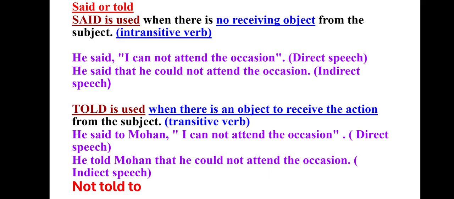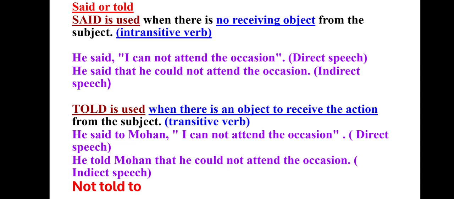And when action does not transfer to the object, that is called intransitive. I'm repeating. When action transfers to an object, it is called a transitive verb. When the main verb's action is not transferred to an object, meaning there is no object, that is called an intransitive verb.